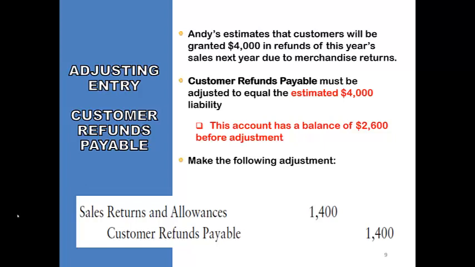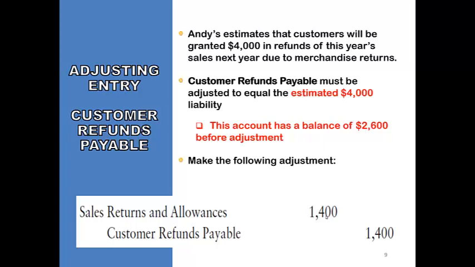It's going to correct the customer refunds payable liability account by showing what we really owe customers at the end of the year based on sales for this year. And then the sales returns and allowances is going to be updated and truly reflect the sales and returns and allowances based on the sales for the current year, even though they might be processed in the next year.